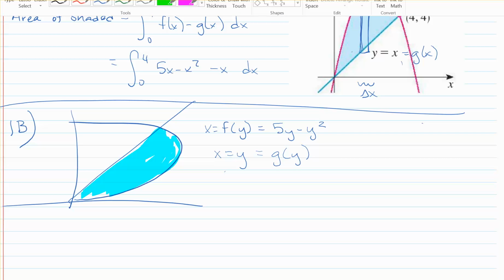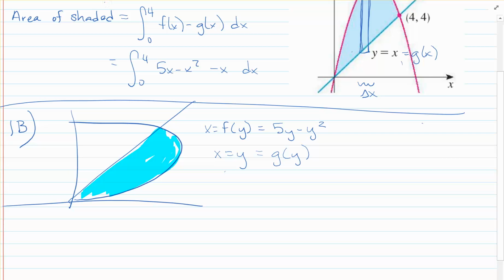then I want to use, well, really the same rectangles I did over there, but now those rectangles are going to be turned on their side. The whole picture is turned on its side. And so now the width of this rectangle is delta y instead of delta x, and over here this height is f of y, and this height is g of y, and the area is the integral of f of y minus g of y dy.